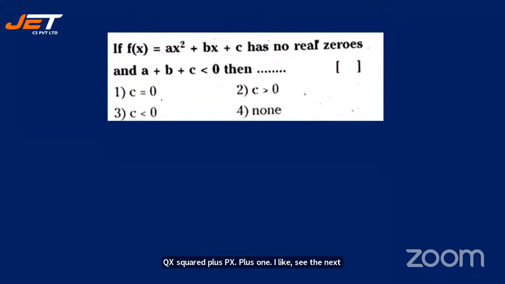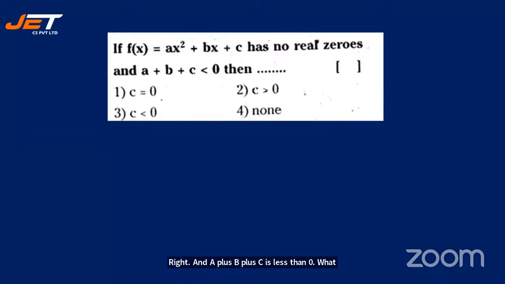If f of x is equal to ax squared plus bx plus c, and that has no real zeros, and a plus b plus c is less than 0, then dash. What does it mean? Do you understand the question? If f of x is ax square plus bx plus c and it has no real zeros, and a plus b plus c is less than 0, then what does it mean?